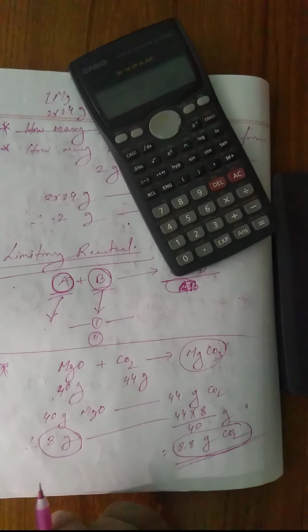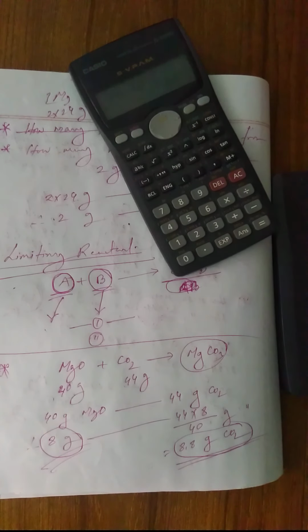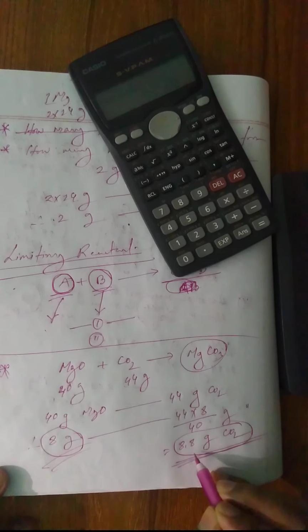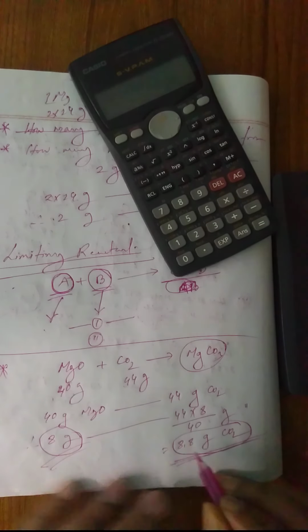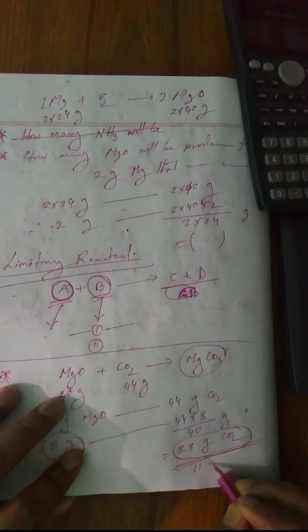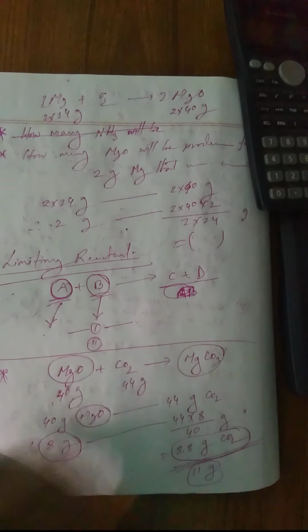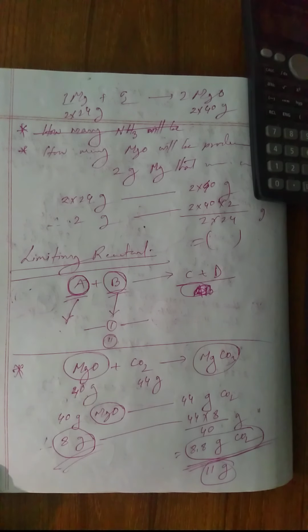So for the given amount of MgO, the used amount of CO2 is 8.8 gram, where the given data is 11 gram. So this reactant, MgO, finished itself first, so it is a limiting reactant.